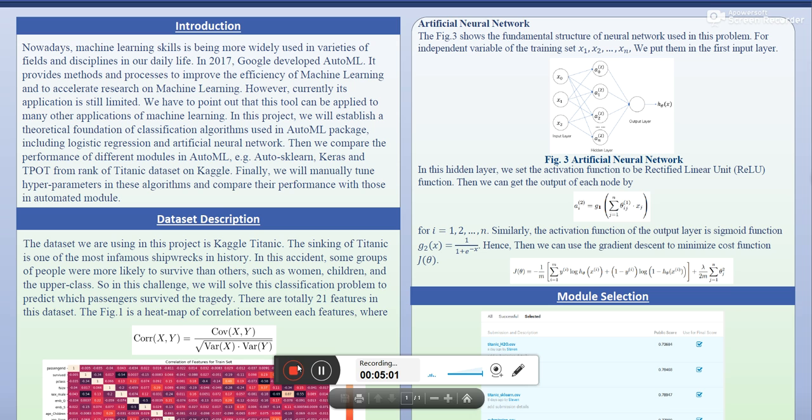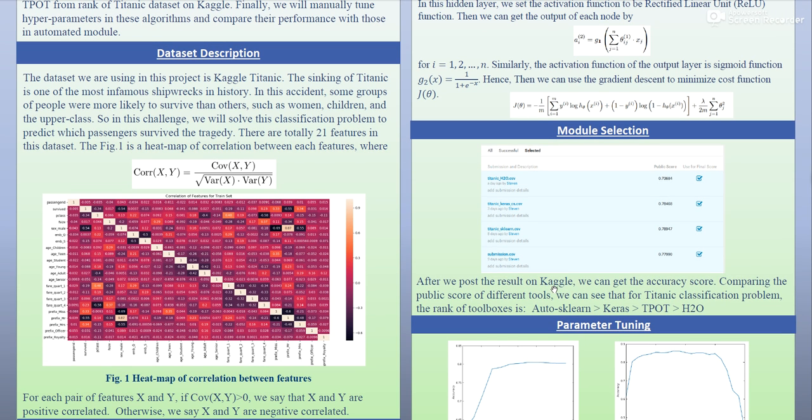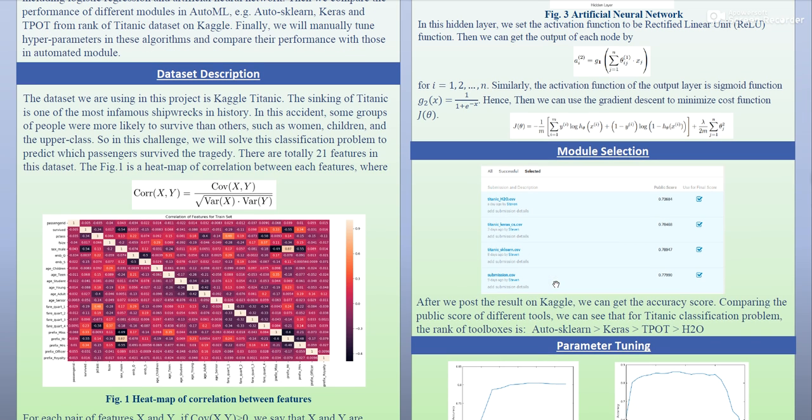Then we can see the performance of different modules in AutoML on Kaggle. It works quite well when we look at the public score. So we can compare their accuracy.